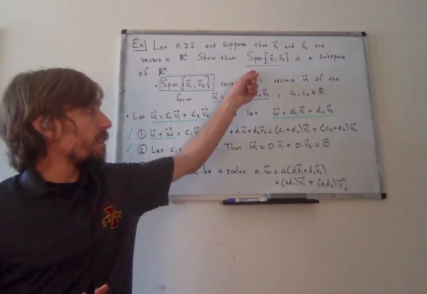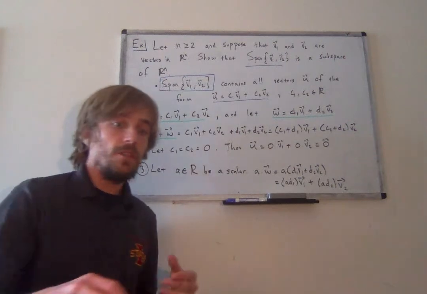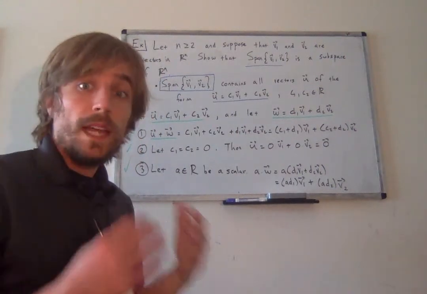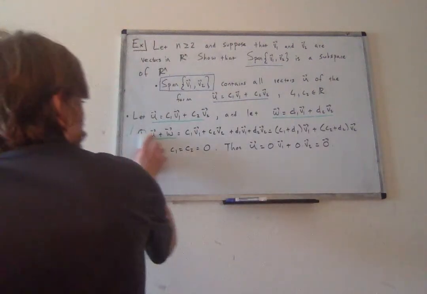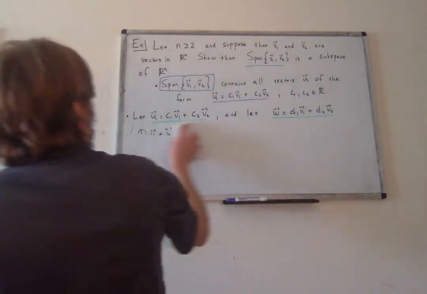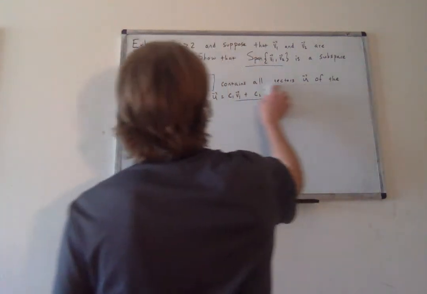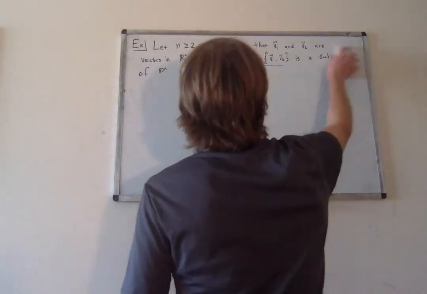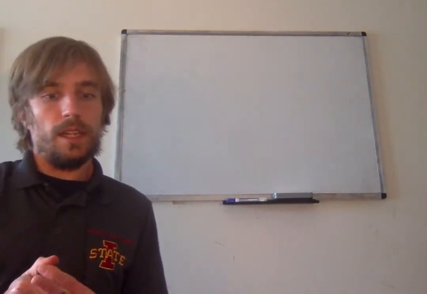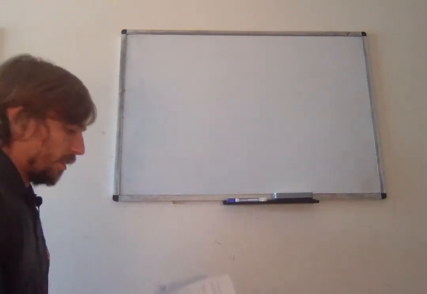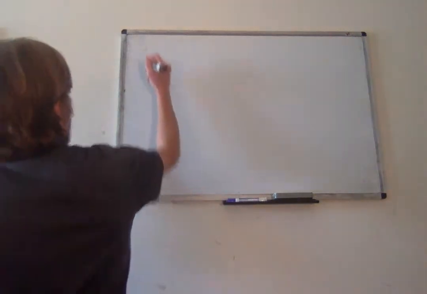And we can generalize the span of a set of vectors being a subspace to any number of vectors. You can go through the same proof steps that I just went through for 2 vectors for any number of vectors in a vector space V. So we'll go ahead and state these more general definitions now.